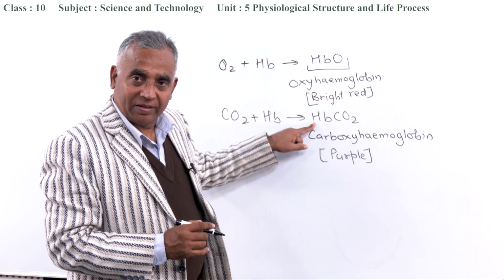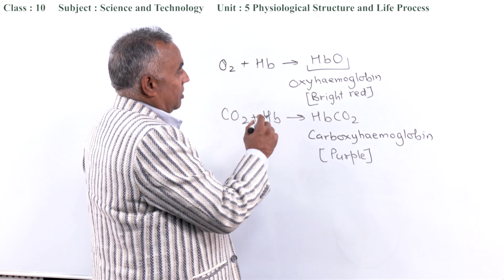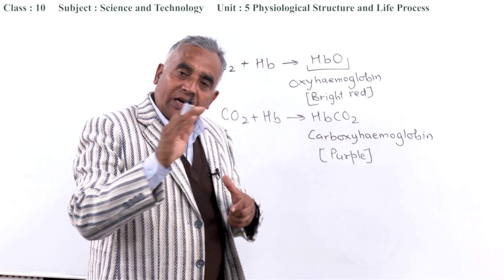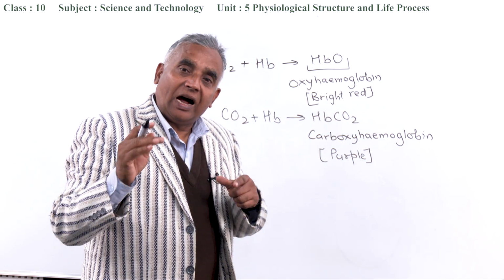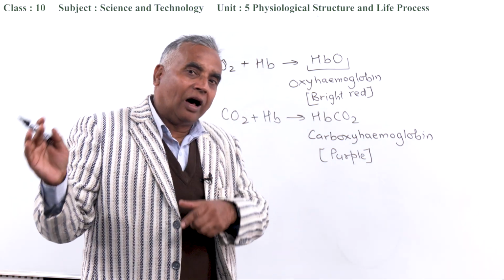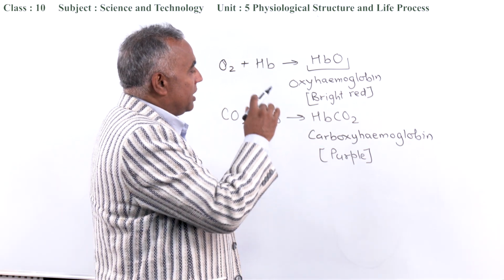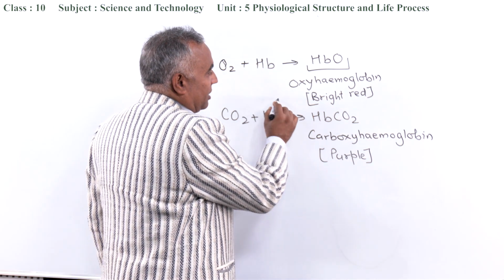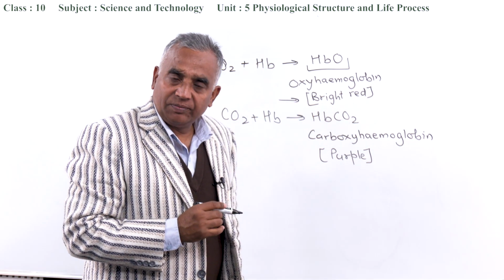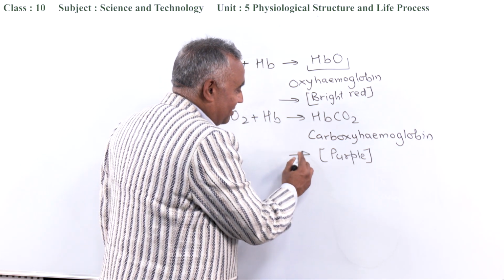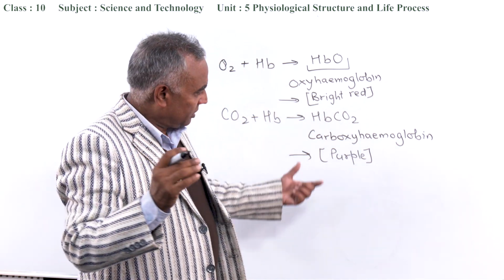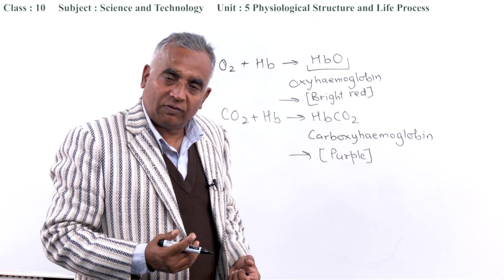And they flow in different types of blood vessels. In arteries usually, not in all, later you will be taught, oxygenated blood flows, and usually in veins deoxygenated blood flows.